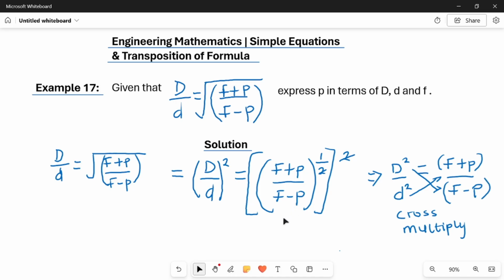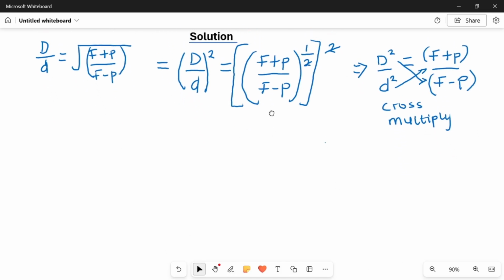So we'll have that D squared times F minus p is equal to d squared times F plus p.